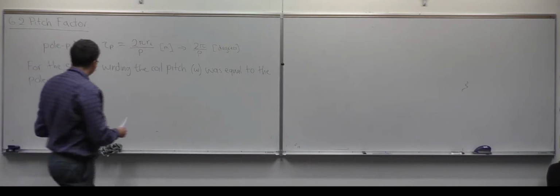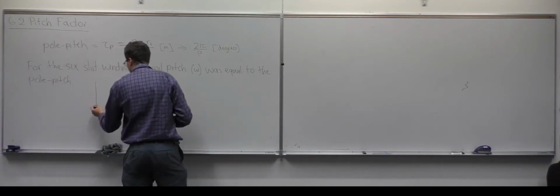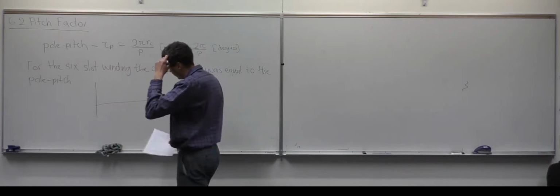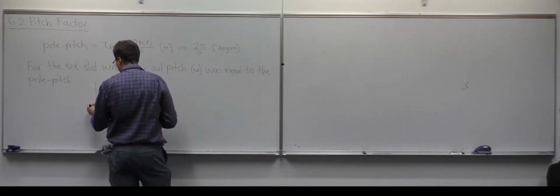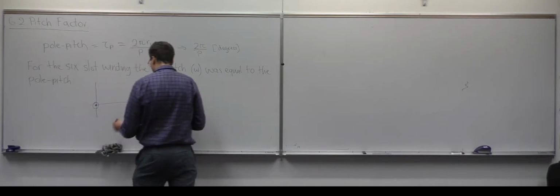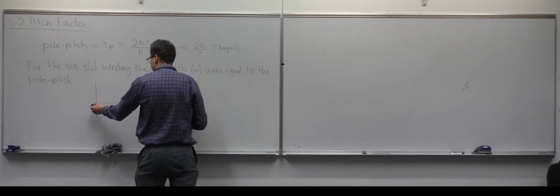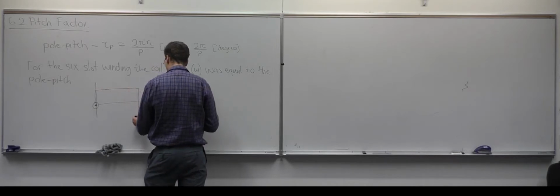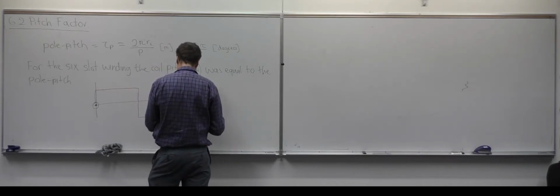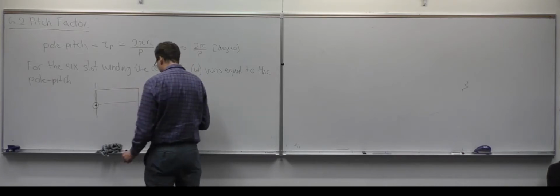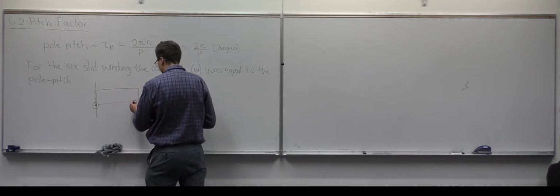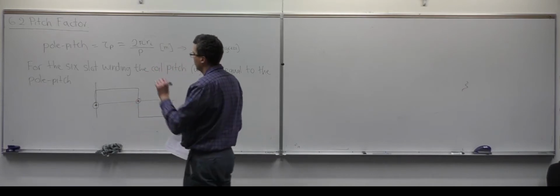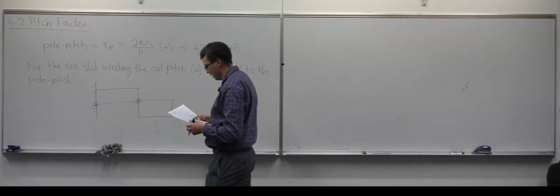Now this becomes clearer when I draw the 12 slot one. For that 6 slot design we looked at last lecture, we had a square wave, so the location of the coils and the poles lined up.